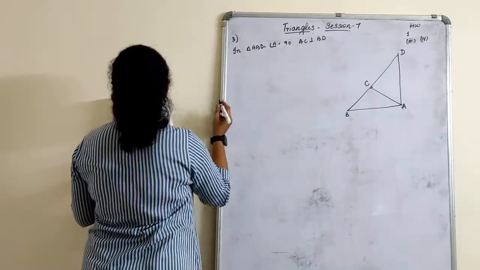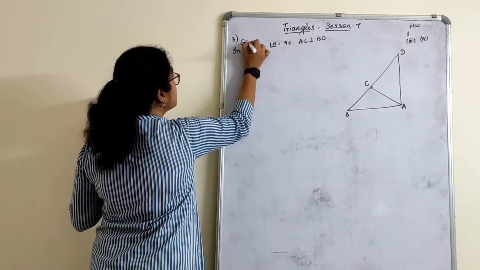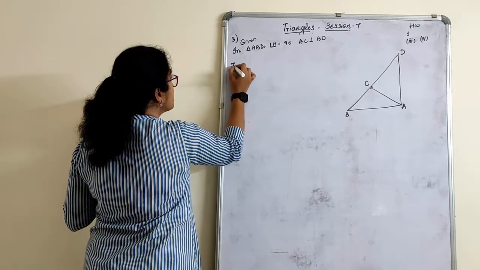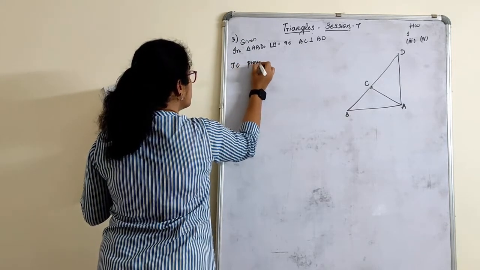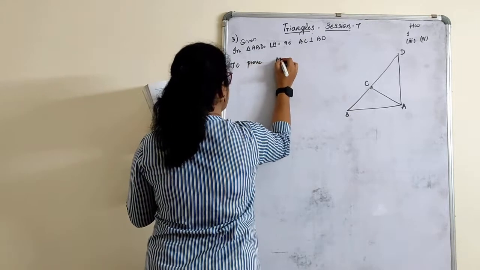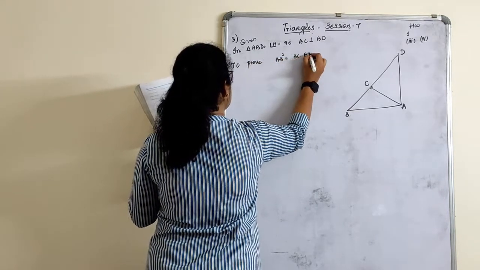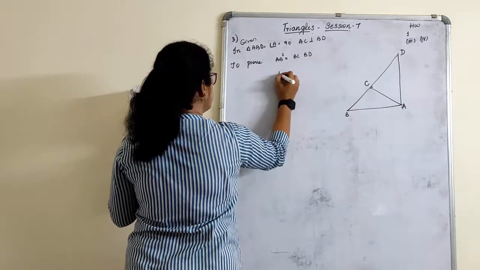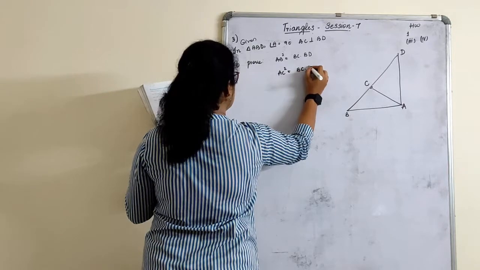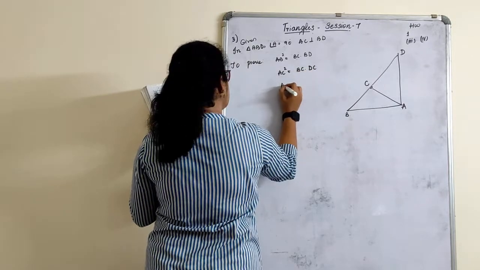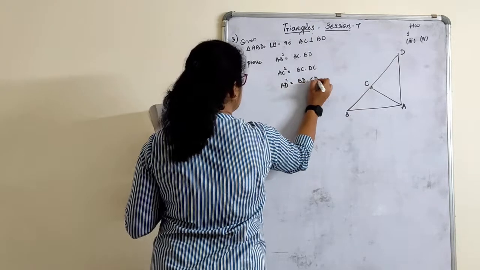Now what all we have to show? This is given, children, here. To prove: AB square is equal to BC into BD. Next is AC square is equal to BC into DC. Next is AD square is equal to BD into CD.